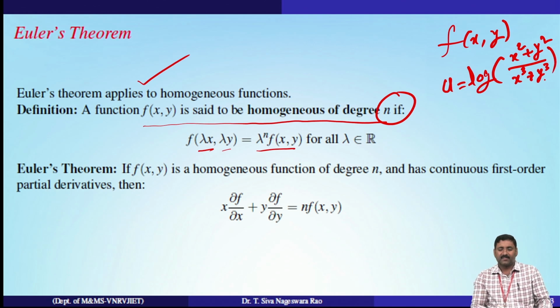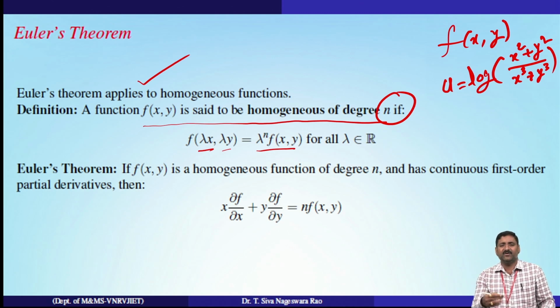Assume, if I substitute lambda x for x and lambda y for y, it is not possible to take out lambda power something as common from this expression. Then, in this case, we can say this first type of function is not homogeneous.